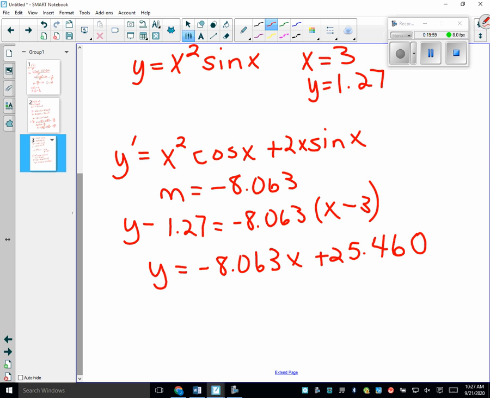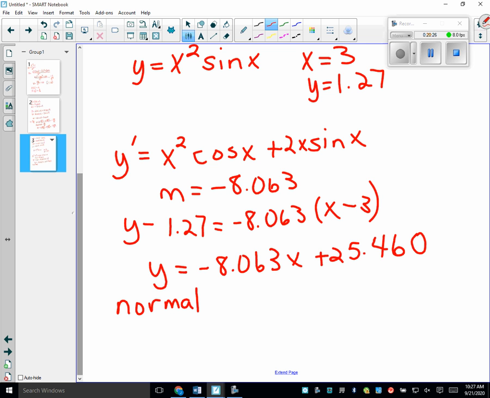Now, the question is, how do I find the slope for the normal line? You take that slope and you do the opposite. I know it's going to be positive, right? How do I take the reciprocal? 1 over 8.063?